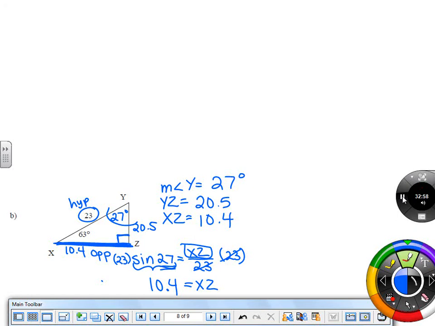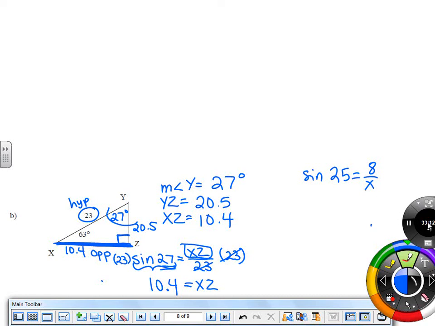And just a small reminder, if you ever set up some trig equation, so this is not from the problem we just did, but let's say you had something like this. Okay? How would you go about solving for x in this case? Hannah? Okay, so we could divide by 8. So then we get sine of 25 over 8.